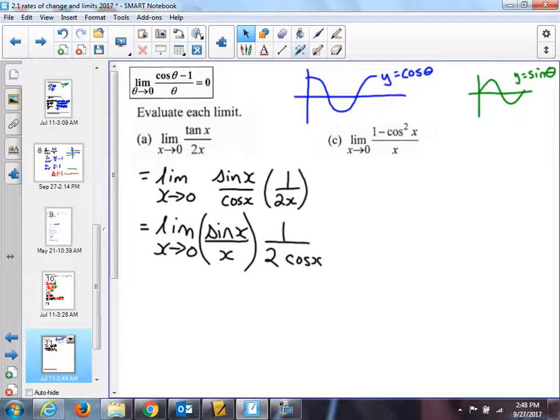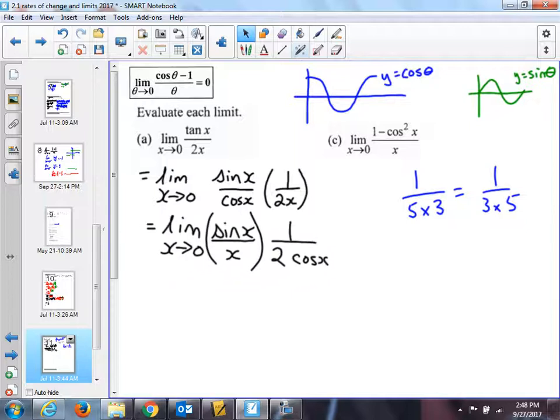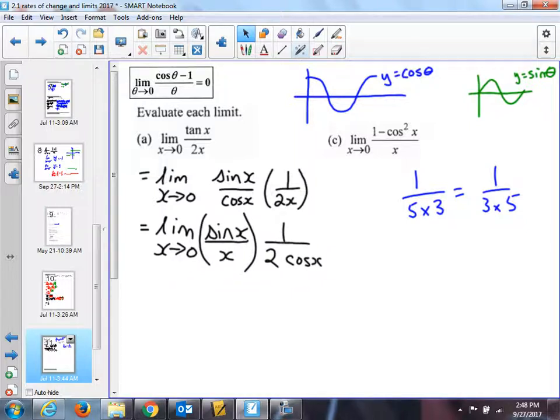Wait, why does the 2 and the x get split up when you use the quotient? Okay. This right here. Yeah. I'll just ask you a question here. Is 5 times 3 the same as 3 times 5? Now this isn't an x, this is a multiplier. Okay, I think you'd agree with this, right? 2 times x, x times 2. I don't have them separated, but you see, I'm just moving the placement of the 2x, the x and the 2, to make it look, it's really to help you.